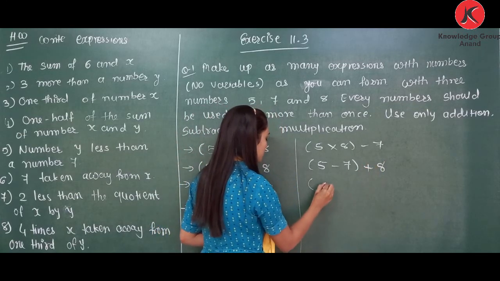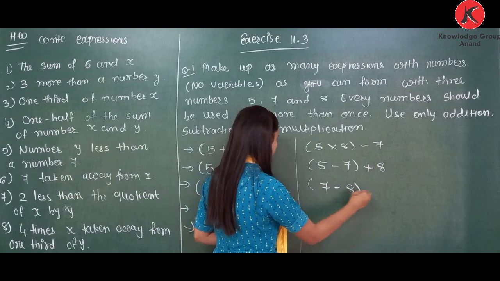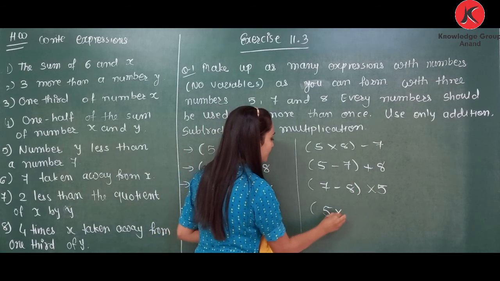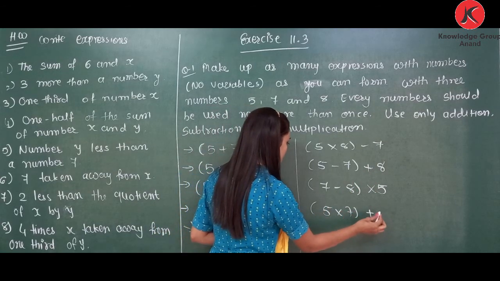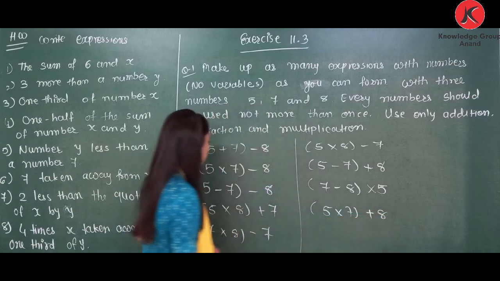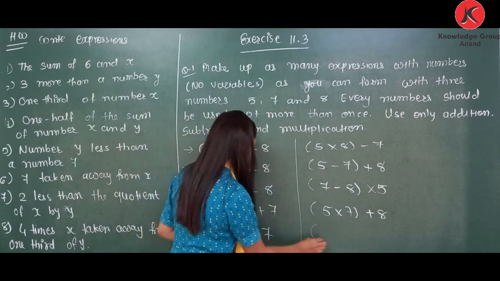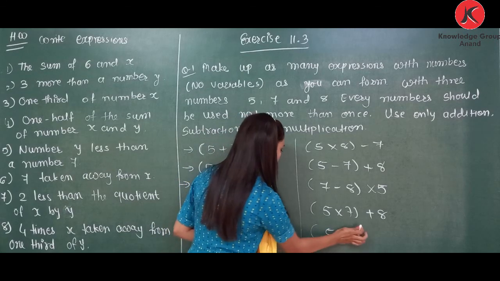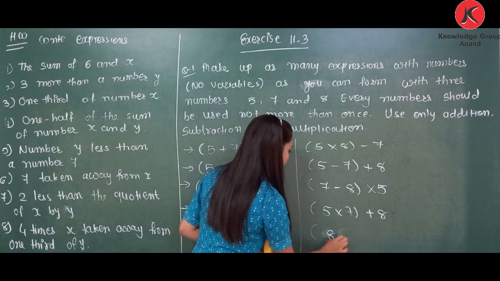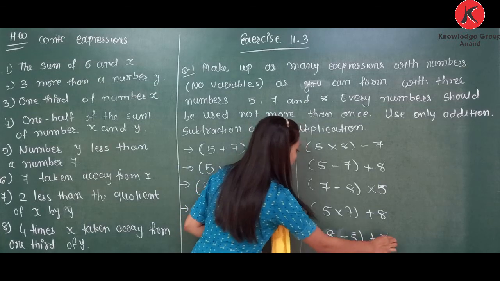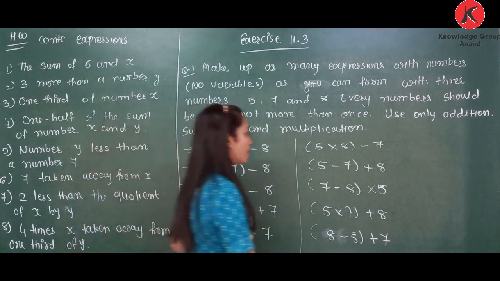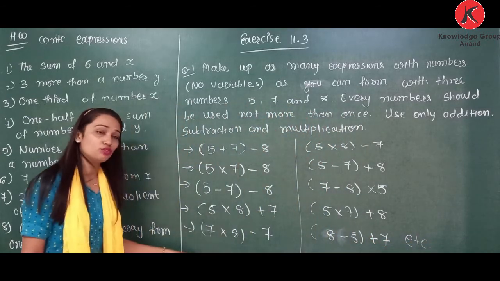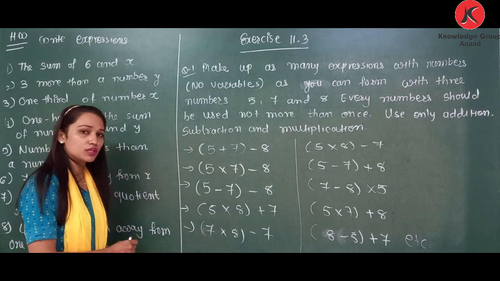You can write plus 8. 7 minus 8 multiplied by 5. 5 multiplied by 7 plus 8. 8 minus 5 plus 7. So this way you can form many expressions using these 3 numbers and 3 operations, addition, subtraction and multiplication.